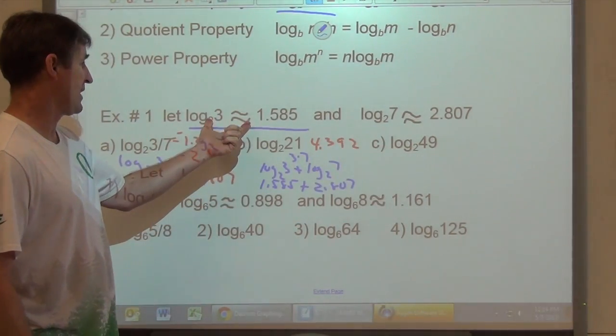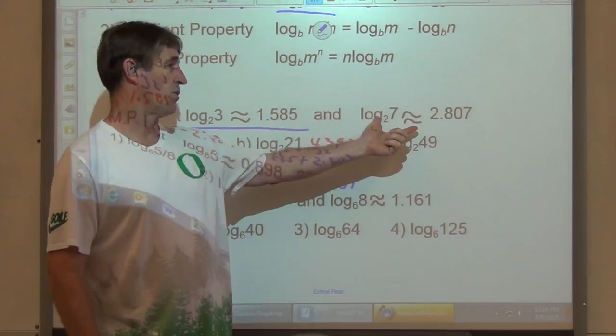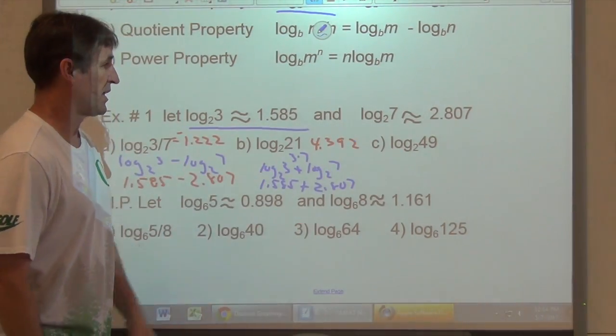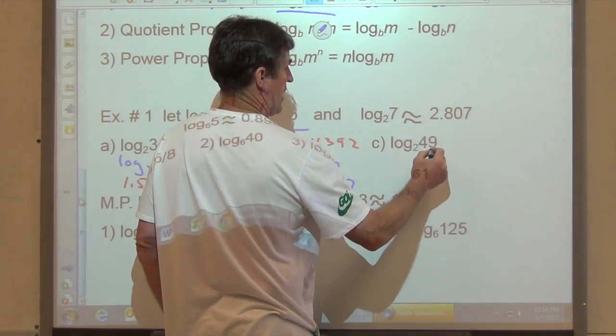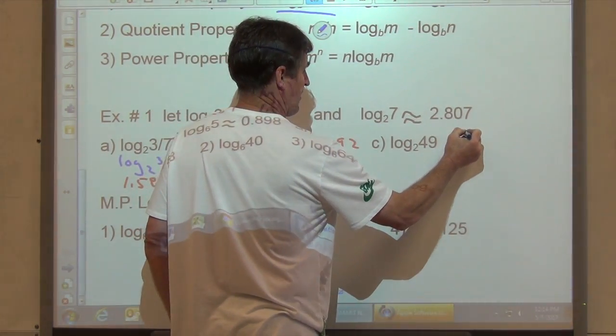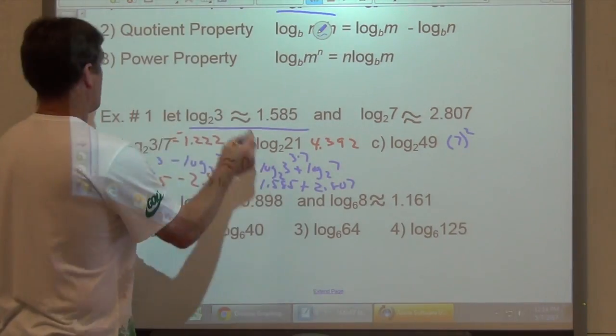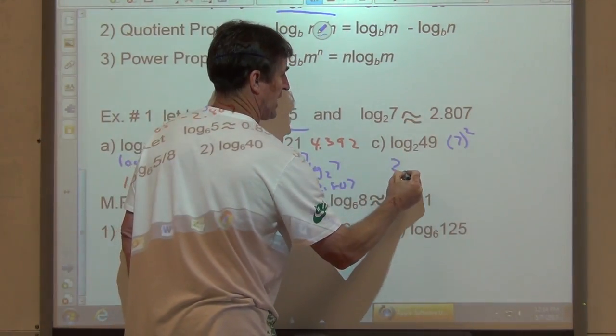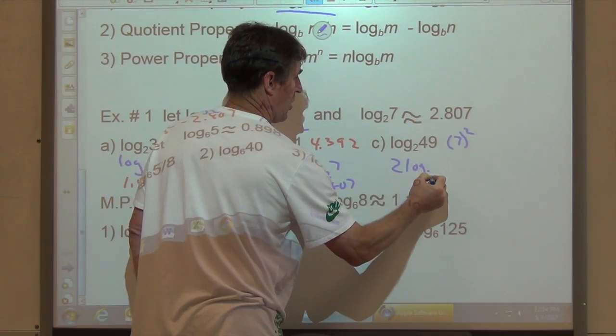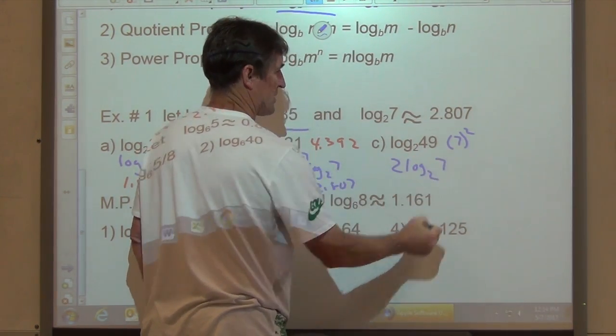And then the last one, log base 2 of 49. Again, we need to get it into one of these, or both of them, depending on what we can use. In this case, we can change 49 into 7 squared. Then we use the power property to move that exponent out front, so I can rewrite that as 2 log base 2 of 7.